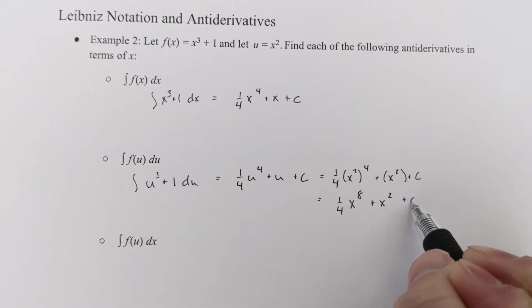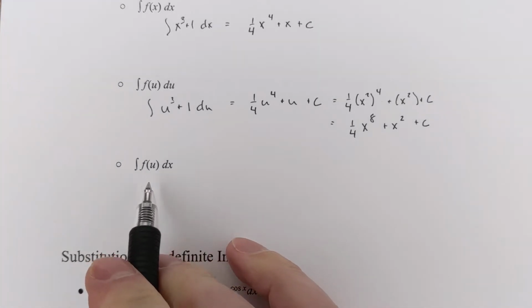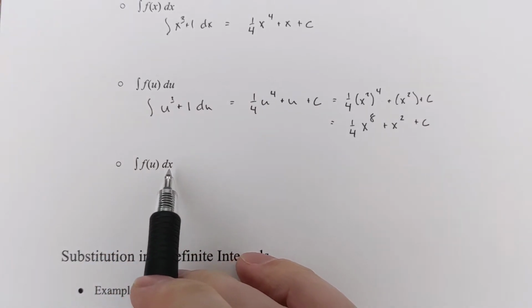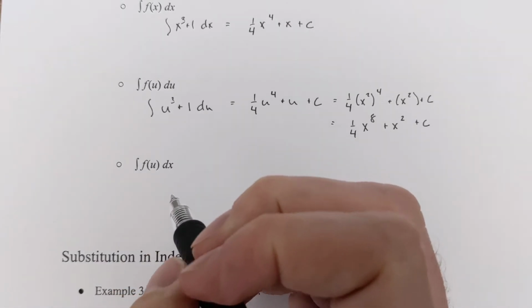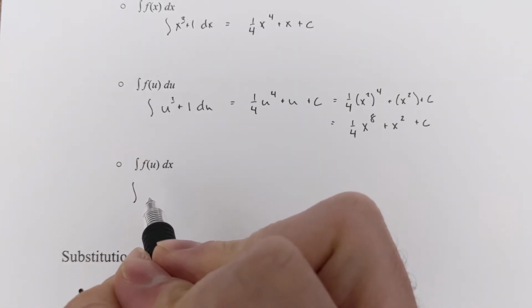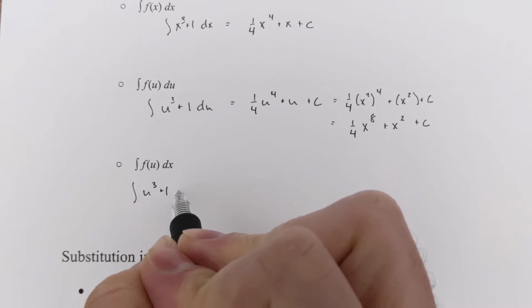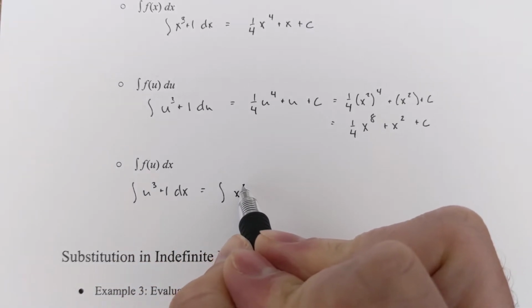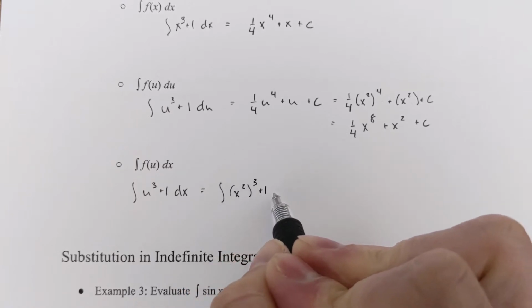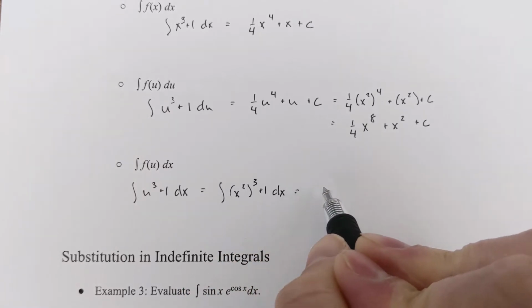Now this last one, f of u dx, means that I have to do my substitution before I do the antiderivative, because I need x's before I take the antiderivative. So this would be the antiderivative of u cubed plus 1 dx, which would be the antiderivative of x squared cubed plus 1 dx.